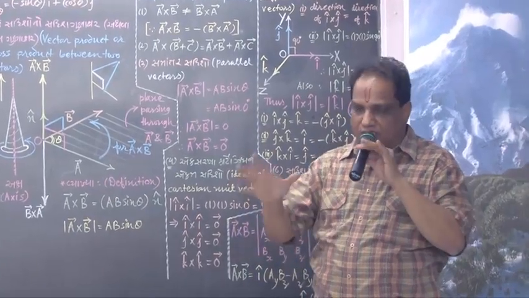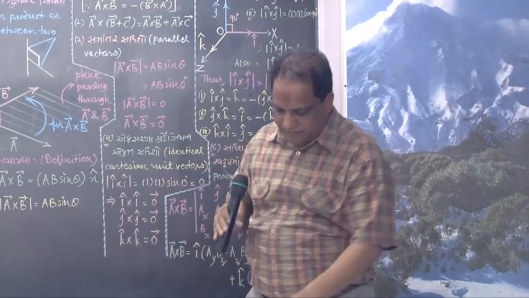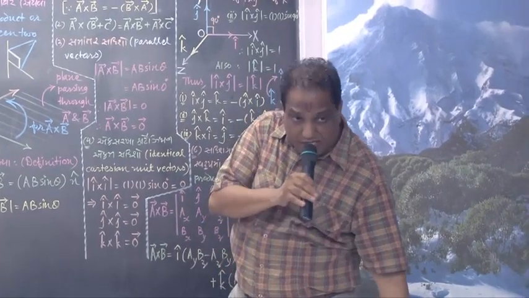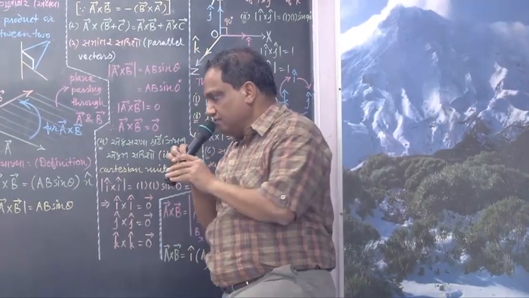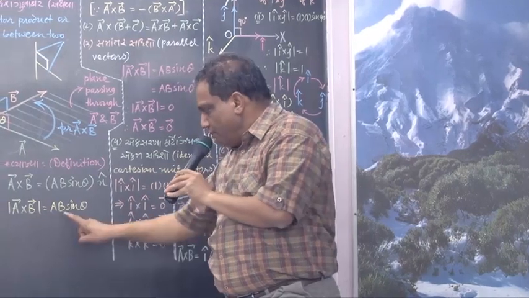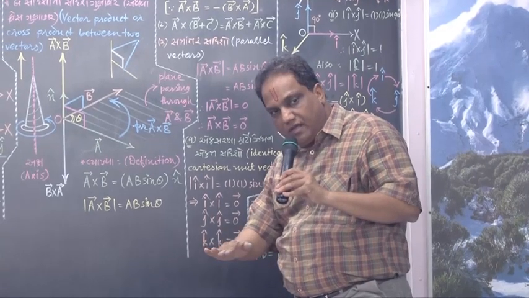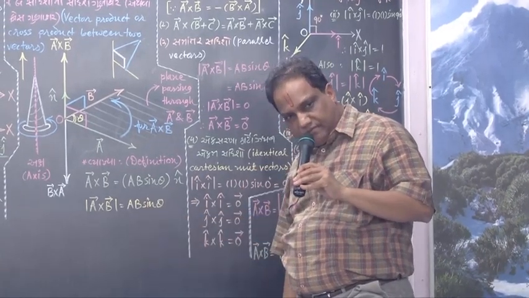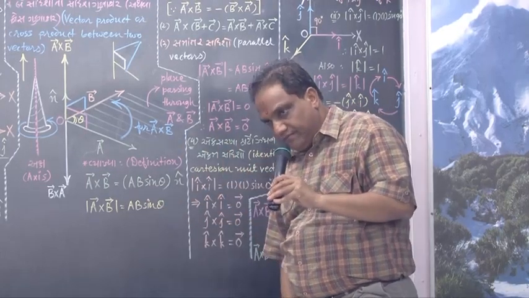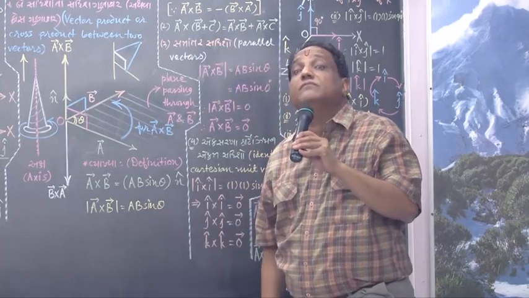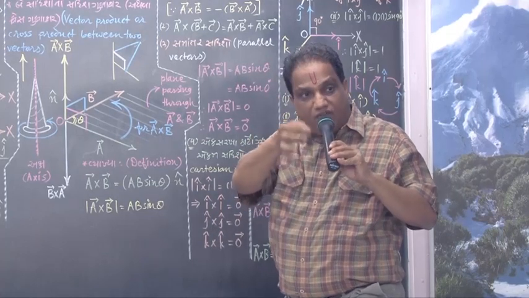Thus, the vector product between two given vectors is nothing but such a vector whose magnitude is equal to the product of the magnitude of the first vector, the magnitude of the second vector, and the sine value of the angle between them, and whose direction can be determined using the law of right-handed screw.